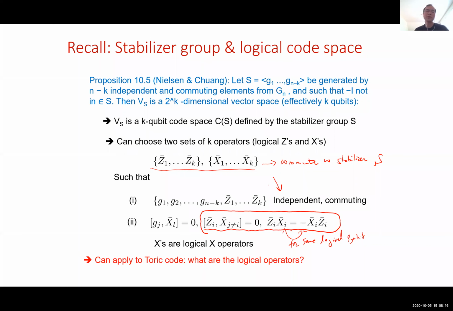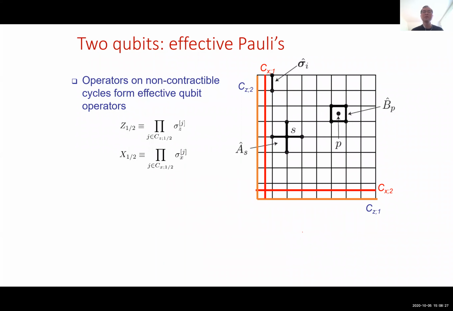So that means we should apply this to the toric code and find what the logical operators are. It turns out, in order to satisfy commuting with all the stabilizer elements, for example the star operators on all lattice sites and the plaquette operators on all the plaquettes, you need to form a large loop.